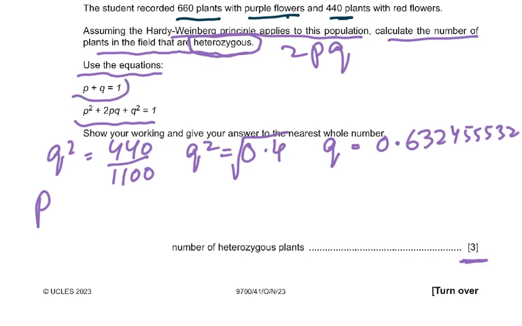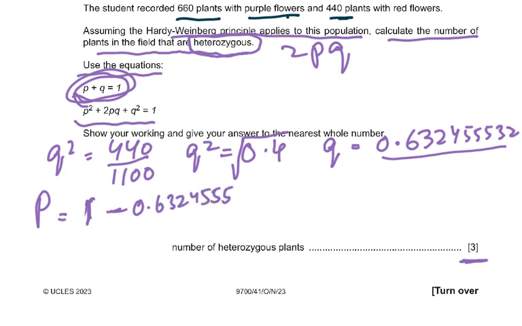So how are we going to find out p? p is equal to 1 minus q. Why? Because this was q. So we find 1 minus this whole thing, 0.632455532.